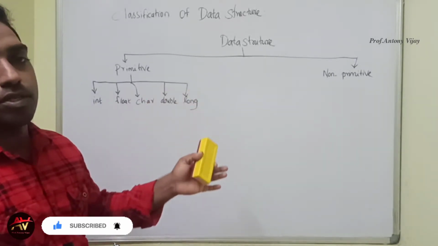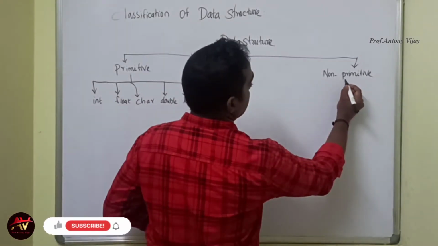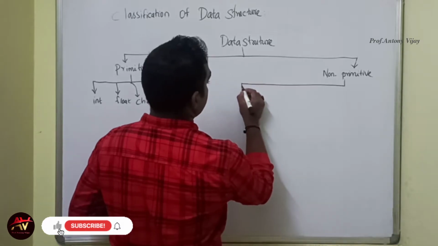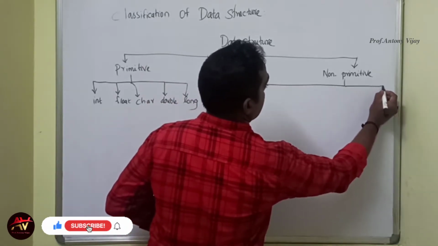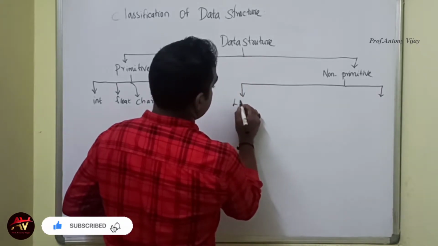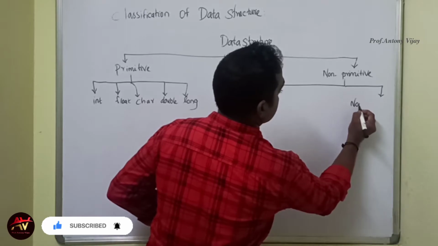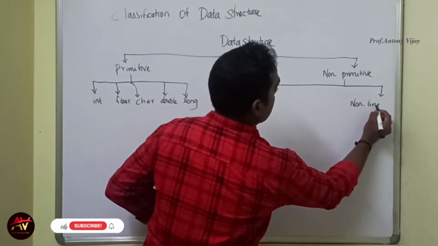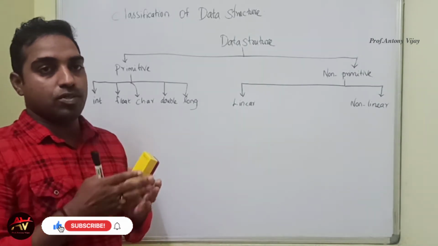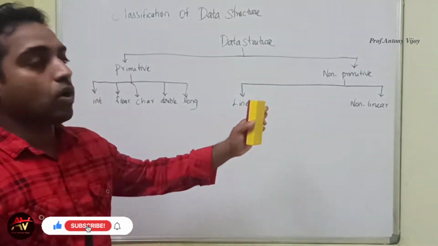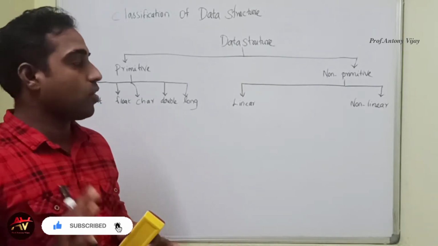Now we will be going to see about non-primitive data structure. When I talk about non-primitive data structure, it can be divided into two parts. One is linear, the other one is non-linear. When I talk about linear, the elements are arranged in a sequential order, but in non-linear, the elements are not arranged in a sequential order.